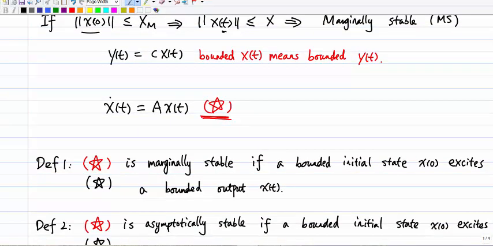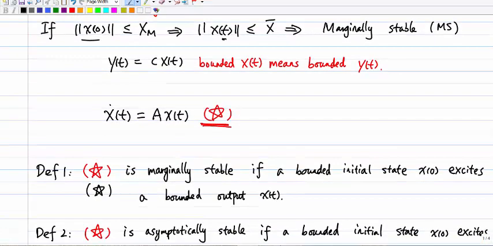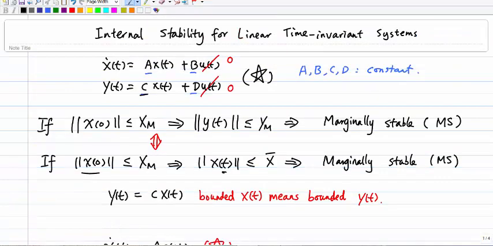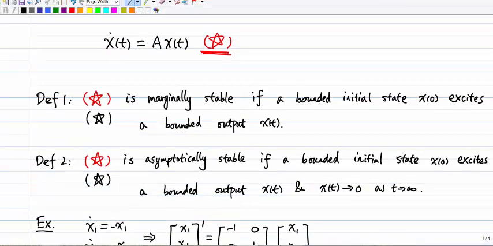In other words, we can say the system, the star, is marginally stable if a bounded initial state excites a bounded output x sub t. This is also equivalent to the black star, the equation represented by the black star. Because the marginal stability of the red one also means the marginal stability of the black one.